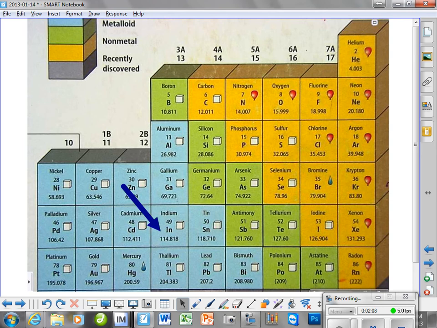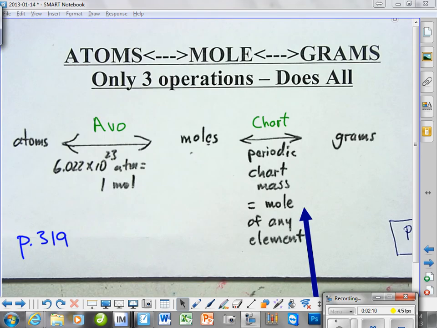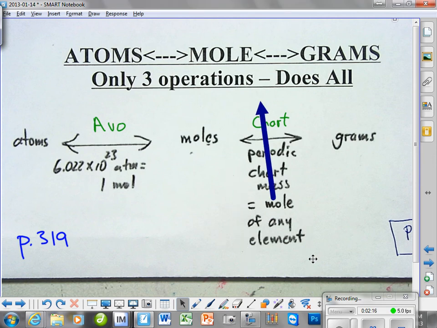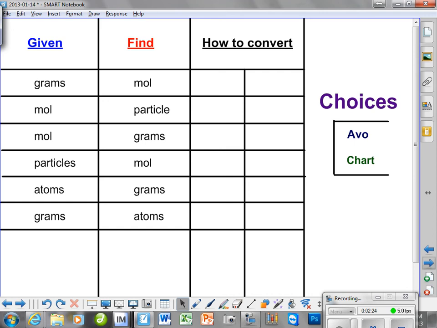So let's go back to our other chart. And from this chart, we're going to be able to specify either the chart or AVO to do the conversion that is specified over here. So if my given is going to be here, and let's start with the first one, grams, and we're supposed to find moles. So how are we going to do this conversion?